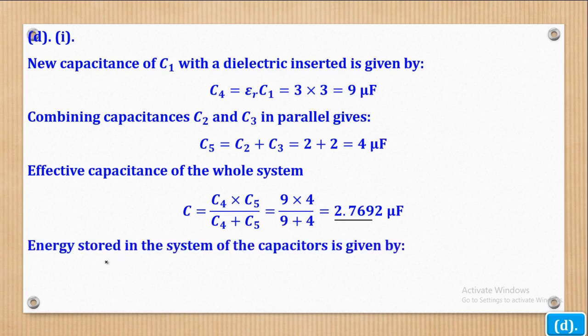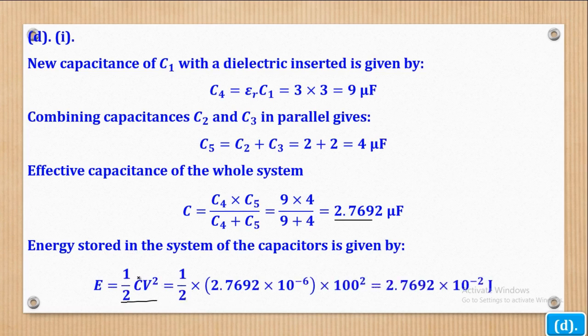So now we shall come and say that energy stored in the system of the capacitors is given by a half CV squared. So C is that, you have to change, because this was microfarad, you change to farad. Then V is that, so the output will be that. So also under this topic, answers are easily expressed in scientific form.